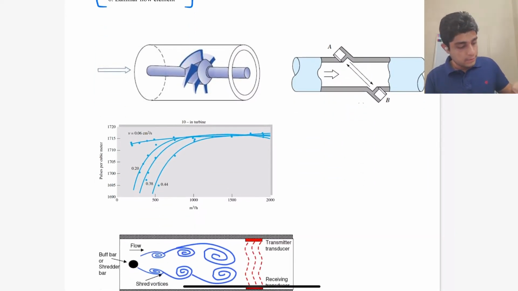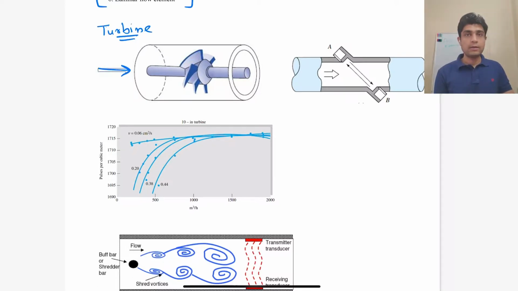So this first picture here is of a turbine flow meter. Here the flow comes in the pipe, and we install a turbine in this pipe, and as the flow hits the impeller blades of the turbine, the turbine rotates.